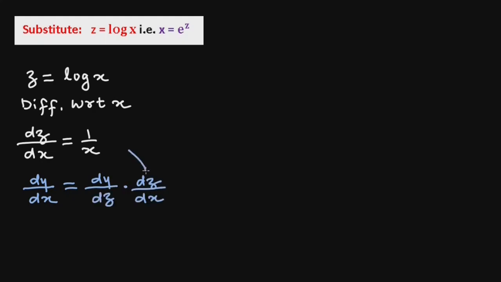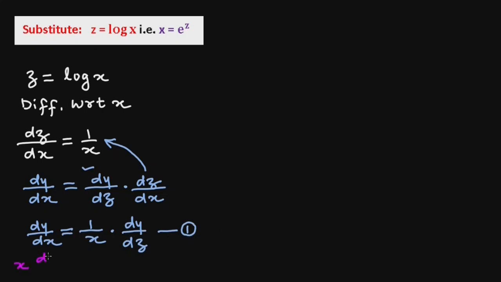But dz by dx is nothing but 1 upon x. So therefore dy by dx will be 1 upon x into this dy by dz. We name this 1 and rewrite 1 as x dy by dx equals dy by dz.